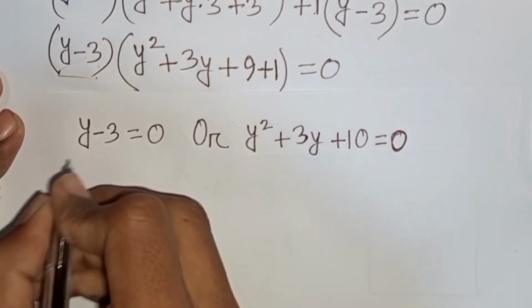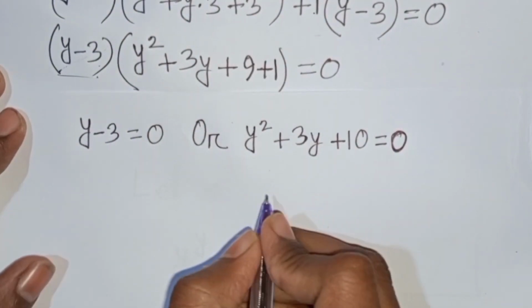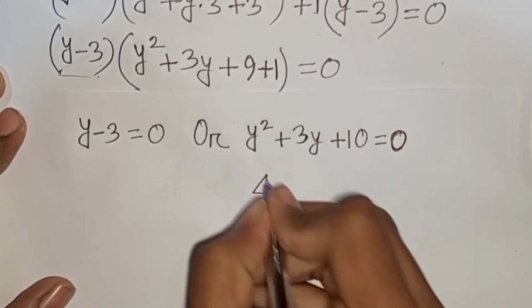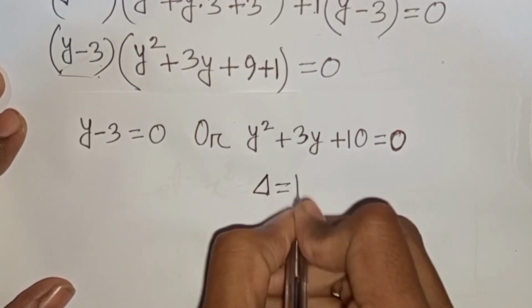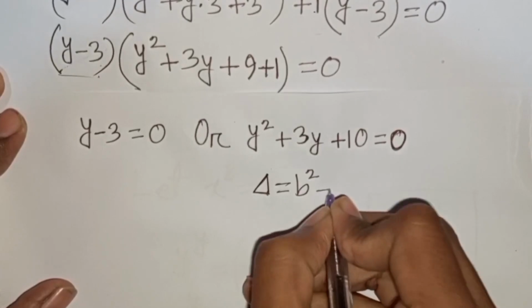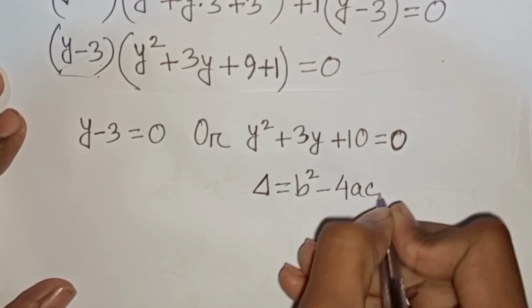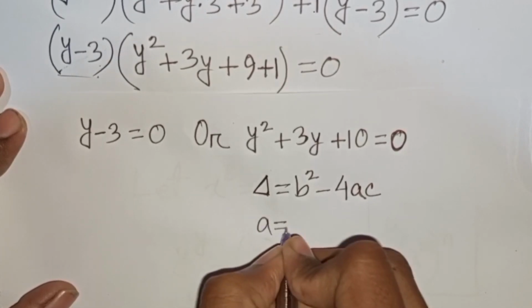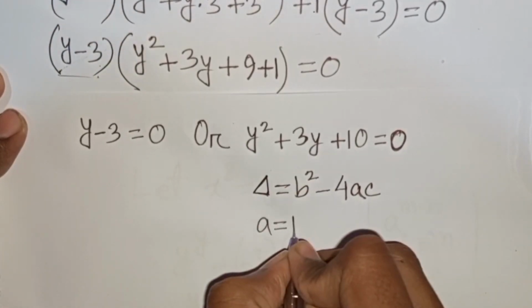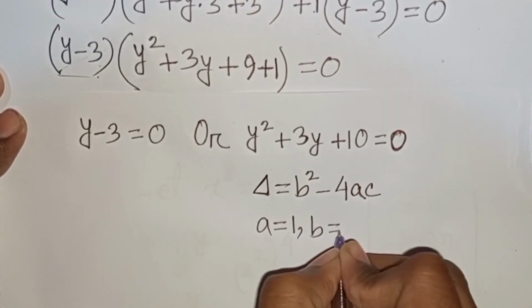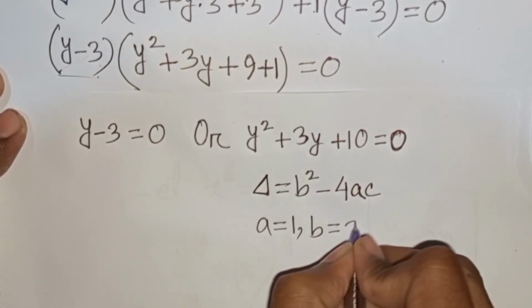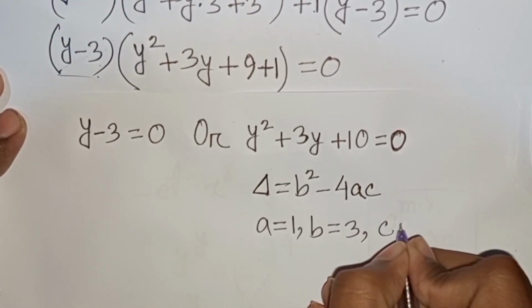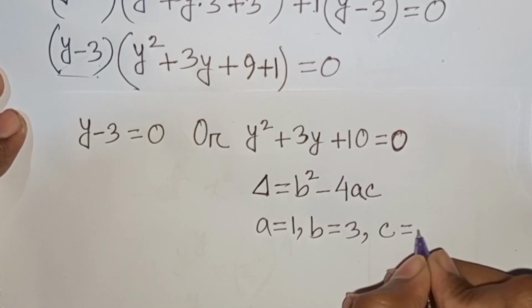Now here you can apply the discriminant formula, so you can write delta is equal to b square minus 4ac. Here a will be equal to 1, b will be equal to 3, and c will be equal to 10.